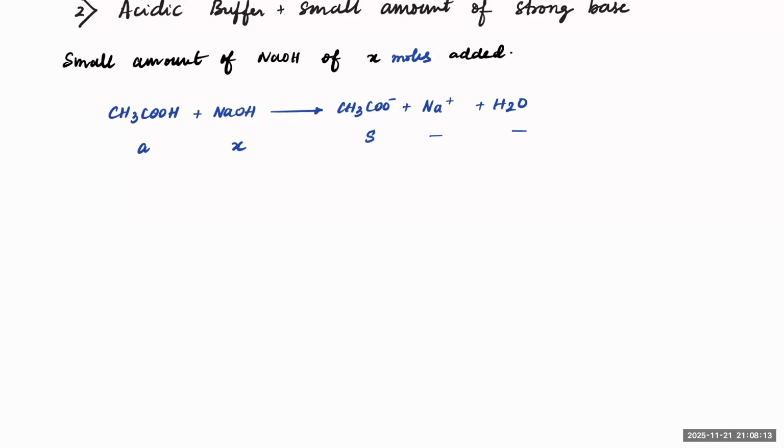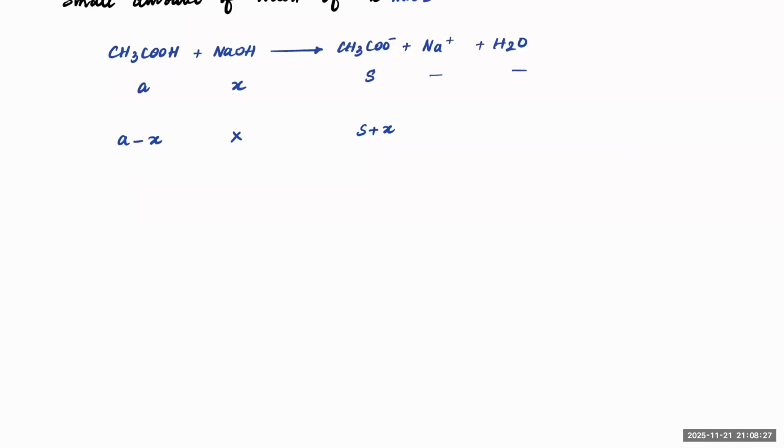So in that case, the acid will be losing this X moles because the NaOH added is in a very limited amount, and the salt will become S plus X. So now the acid moles are A minus X, and the salt moles are S plus X. So what do we have? pH new will be equal to pKa plus log of salt concentration.